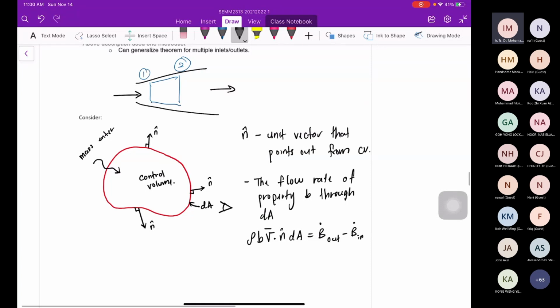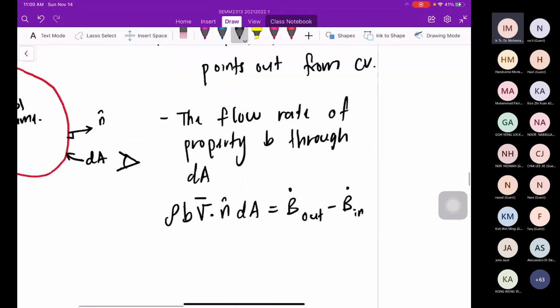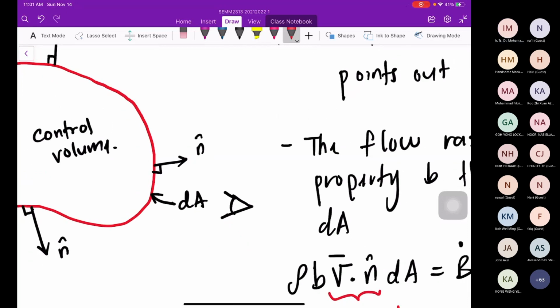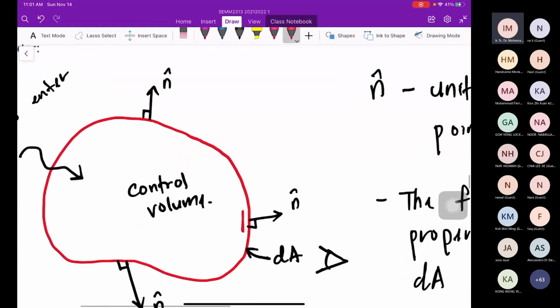So that means this term must be normal to dA. You can see it is normal, it shall be normal.